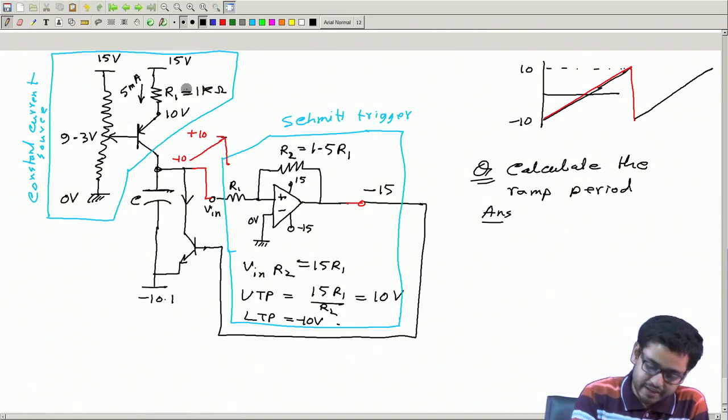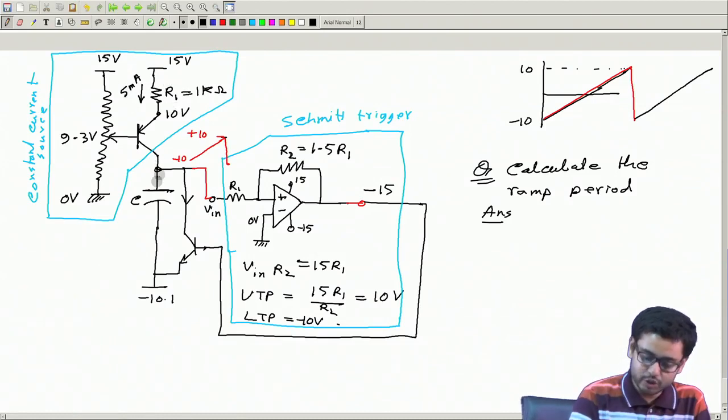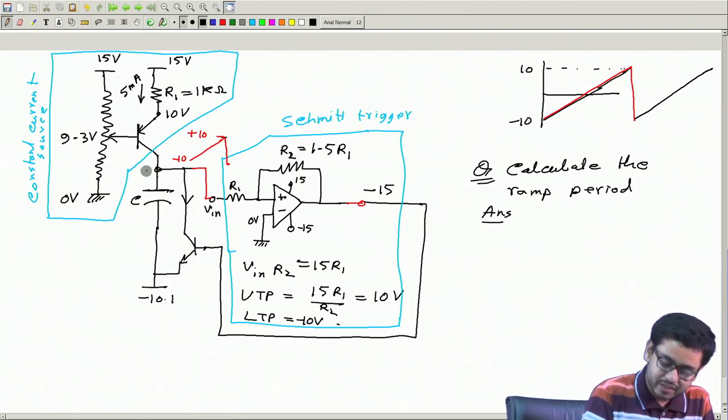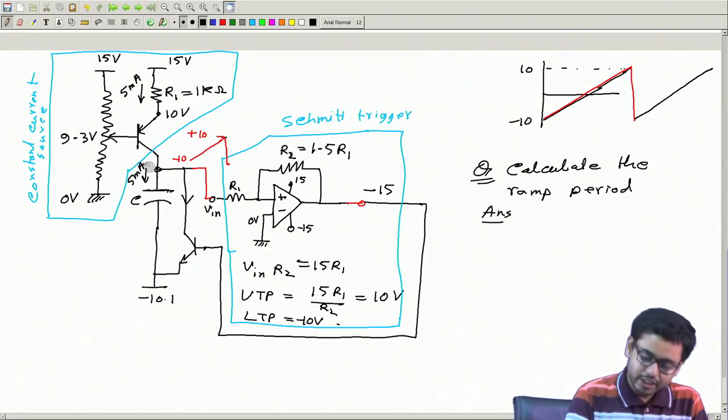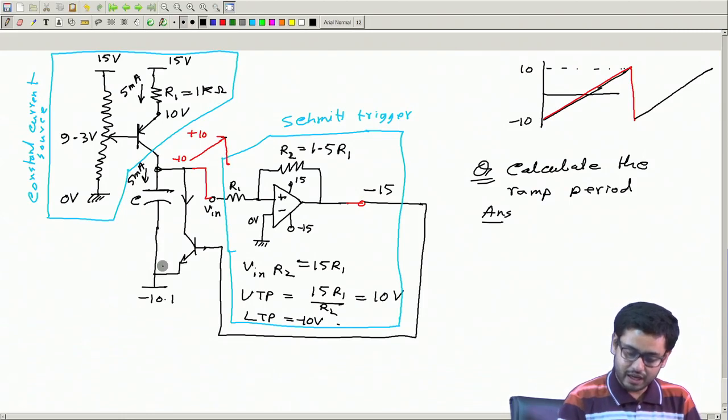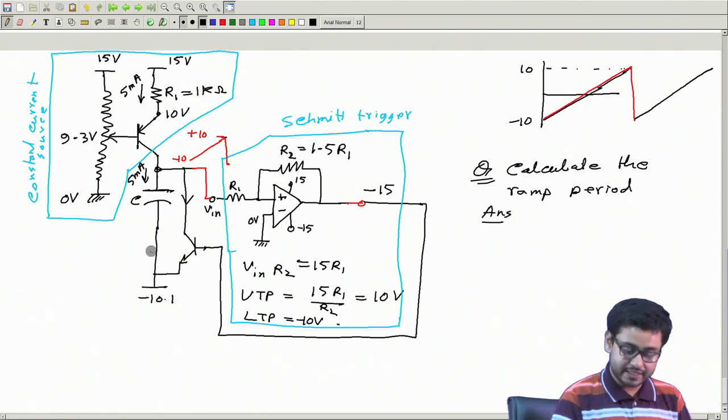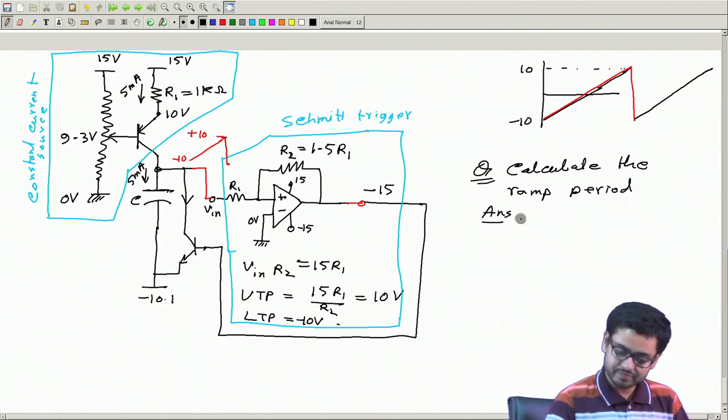So this current, this is 5 milliampere. So this is approximately 5 milliampere. If this is 5 milliampere, so what can I say about the voltage Vc?